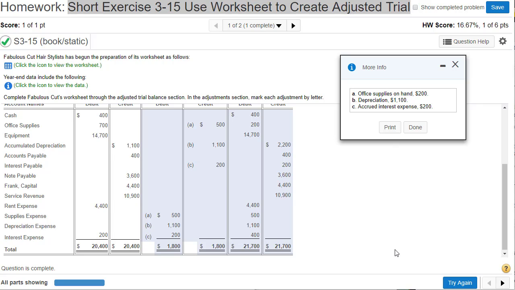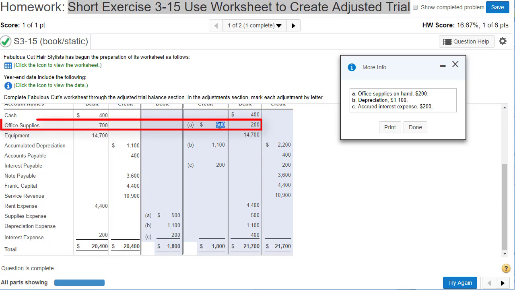Now, some of you who are good at attention to detail might look at these numbers down here, and you might say, well, $20,400 plus $1,800 right here does not give me $21,700. Well, here's the reason why. If you're taking the $20,400 and adding $1,800, that means you're assuming that all of these debits and credits are increasing the account.